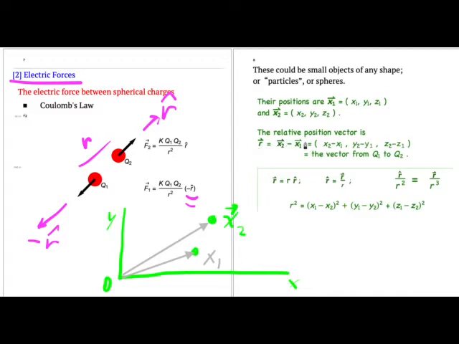R is x2 minus x1. Now you remember how you add vectors. R is this vector. Let me put R in another color. Here's the vector R.